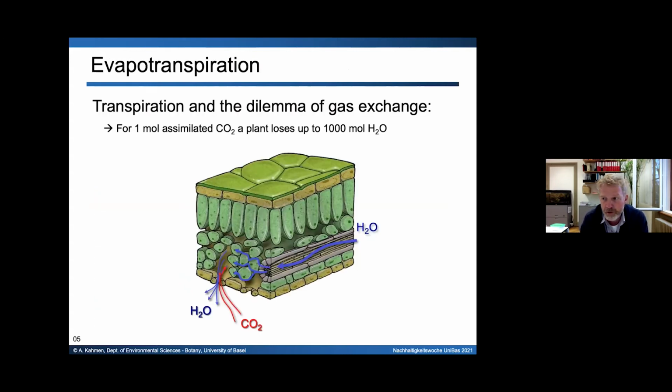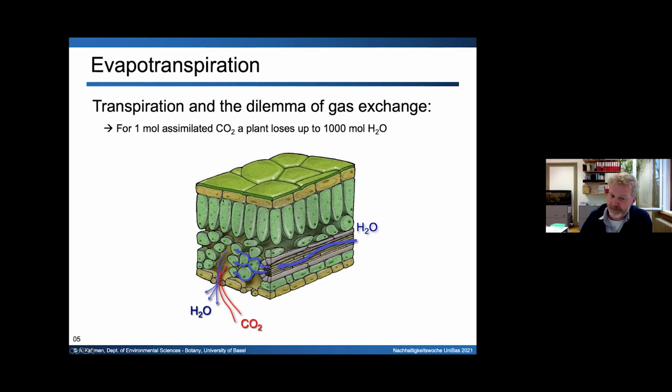Well, first of all, plants, as all life, originate from aquatic habitats, and particularly from the ocean. So the inside of plants, the inside of cells, consists pretty much entirely of water. So all life-sustaining functions in the plant occur in water. So on the inside, a plant is really wet, if you want.